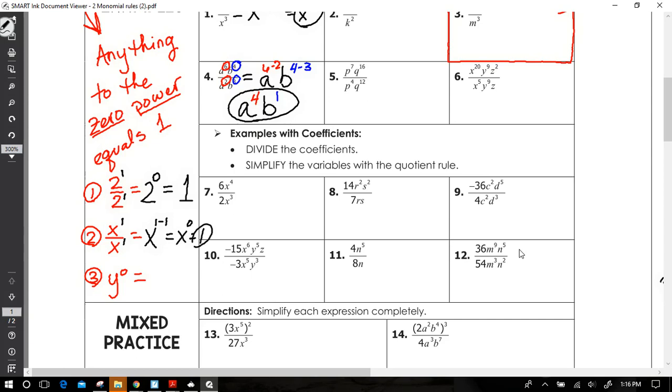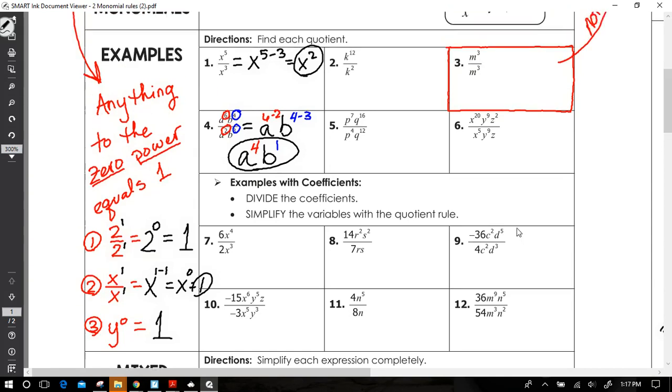Okay. And then in example number 3 here, I didn't give it to you as a fraction. I gave it to you the way that you might simplify it using this division rule. So if I simplified something and I got y to the 0 power, now I can just say that equals 1. Okay? So that's a really important rule to keep in mind. And we needed to use that rule for number 3 here.